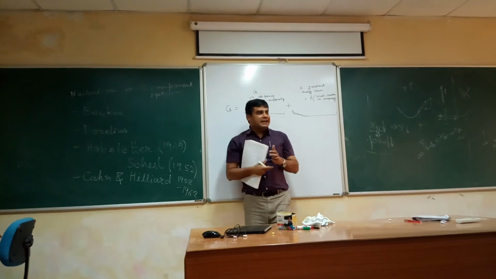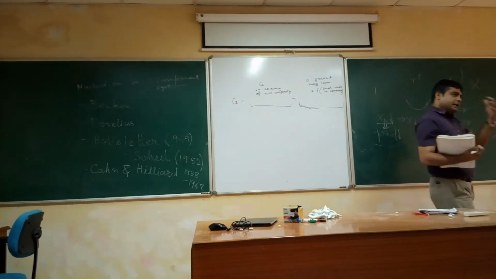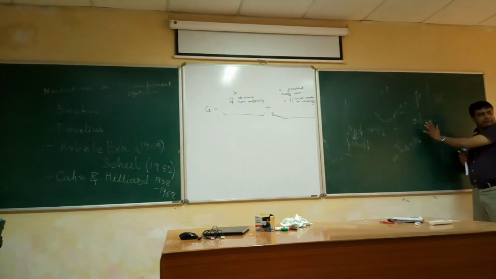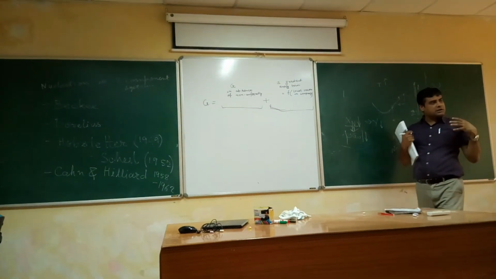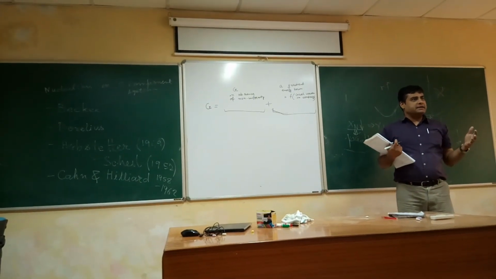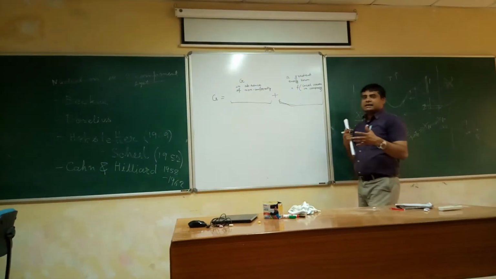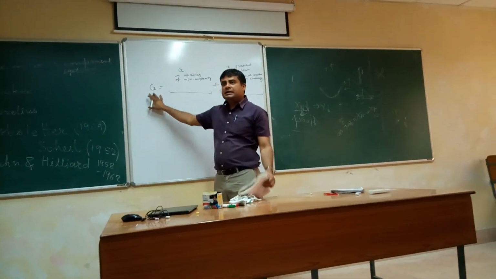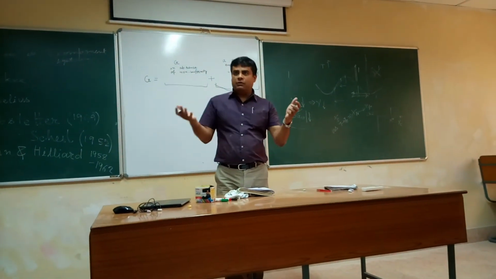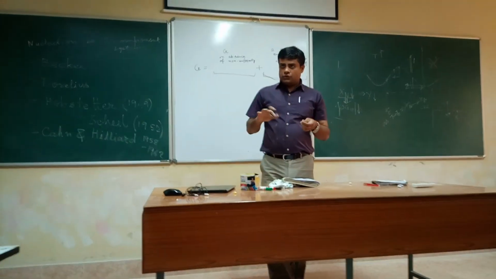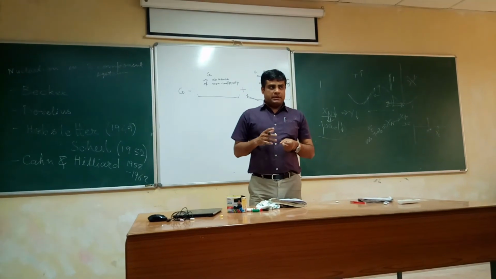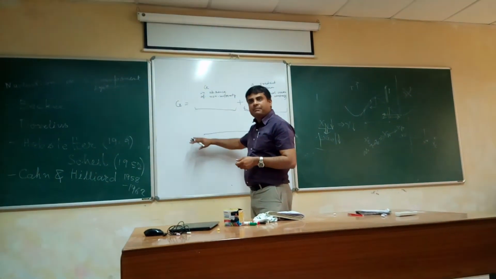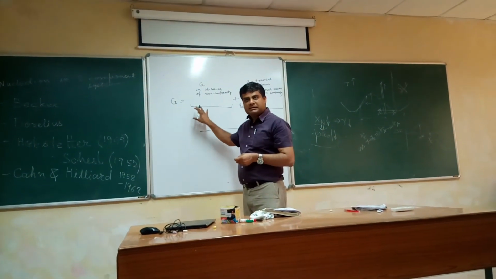So Cahn and Hilliard completely departed from the type of approach that we did. They just wrote the Gibbs free energy of the system as a different model, for an inhomogeneous solution where composition is varying. The first term contains, if there is no inhomogeneity and everywhere composition is the same, what is the Gibbs free energy for that?